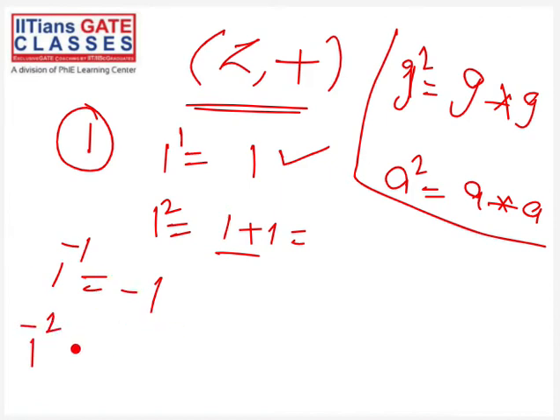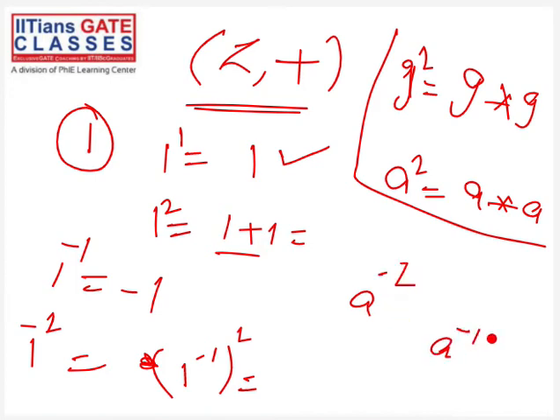What is 1 power minus 2? You can write a power minus 2 as a power minus 1 whole square. So 1 power minus 2 will be 1 power minus 1 whole square.